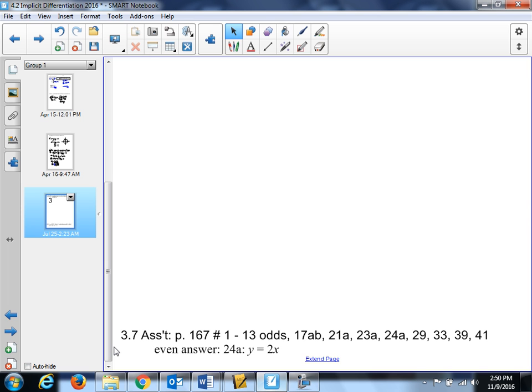By the way, normals to a curve are at 90 degrees, but you don't have to do the normal for 17B, just 17A, I think. But 1 through 13, odds. Oh, those are dandies. You'll love them.